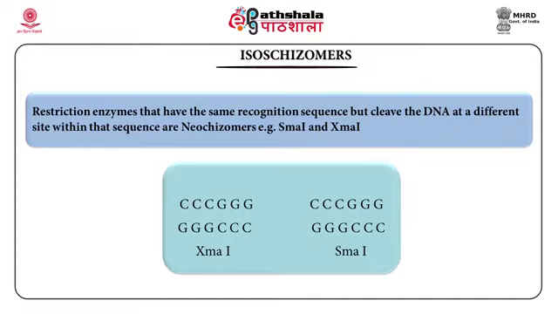So XmaI and SmaI are the best example of neoisoschizomers, where on one hand you get a 5' overhang, and on the other hand you get a blunt end, that is, a sticky end as well as a blunt end.